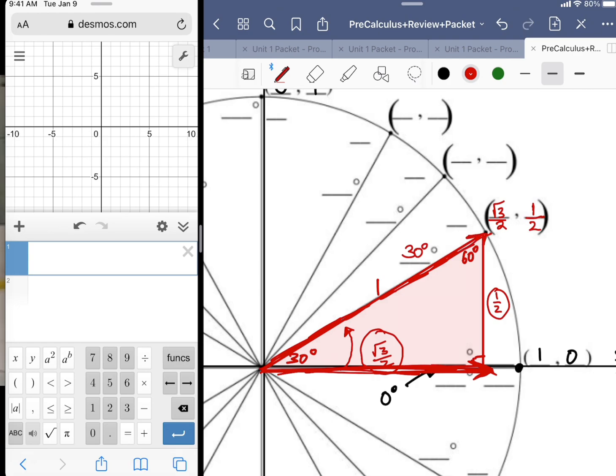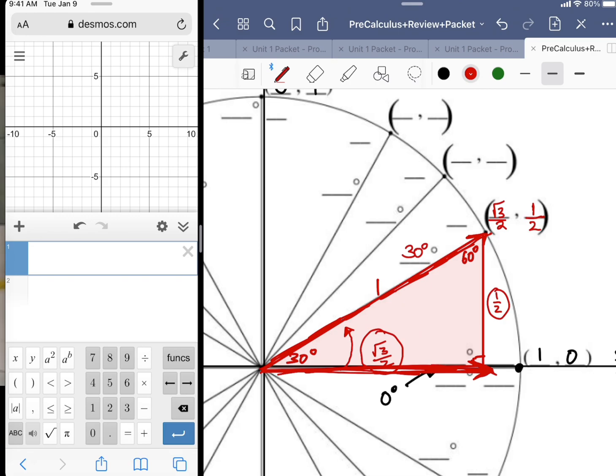But that sweeping motion, just think about if you've ever watched a TV show or a movie where they have the radar screen. You have that line that's sweeping through the circular region, and it shows all the little objects that are there. That's what is happening with the unit circle. You're sweeping through the angle.